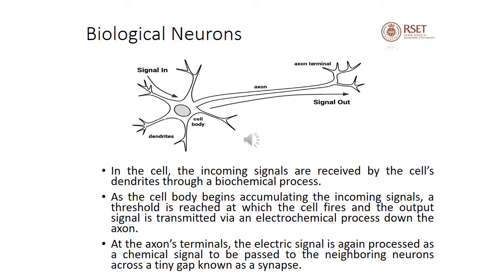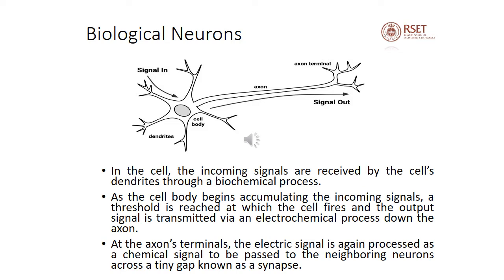So let's see how our biological neural network works. The different parts are the axon terminal, the dendrite and the cell body. In the cell, the incoming signals are received by the cell's dendrites through a biochemical process.